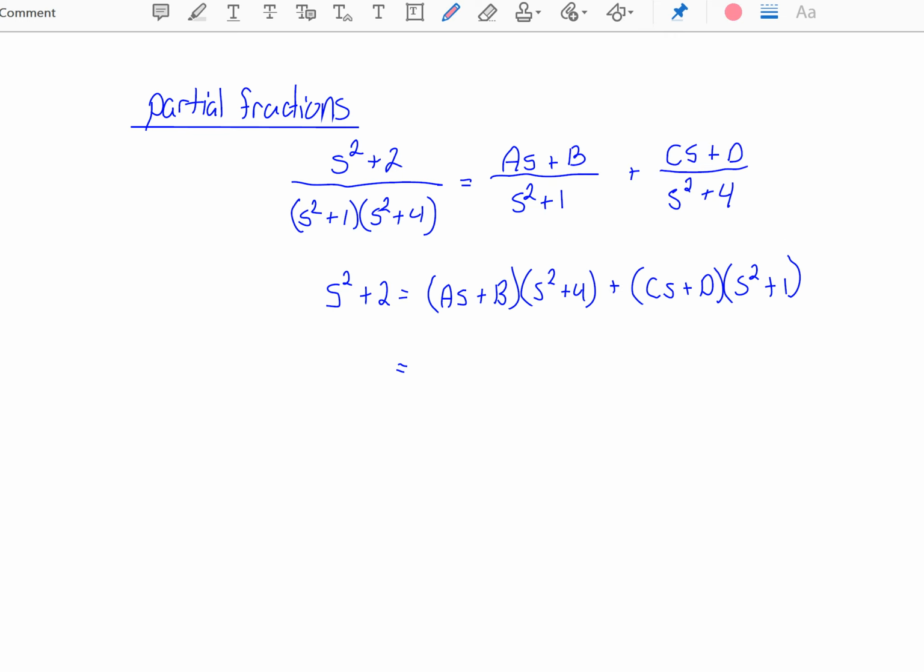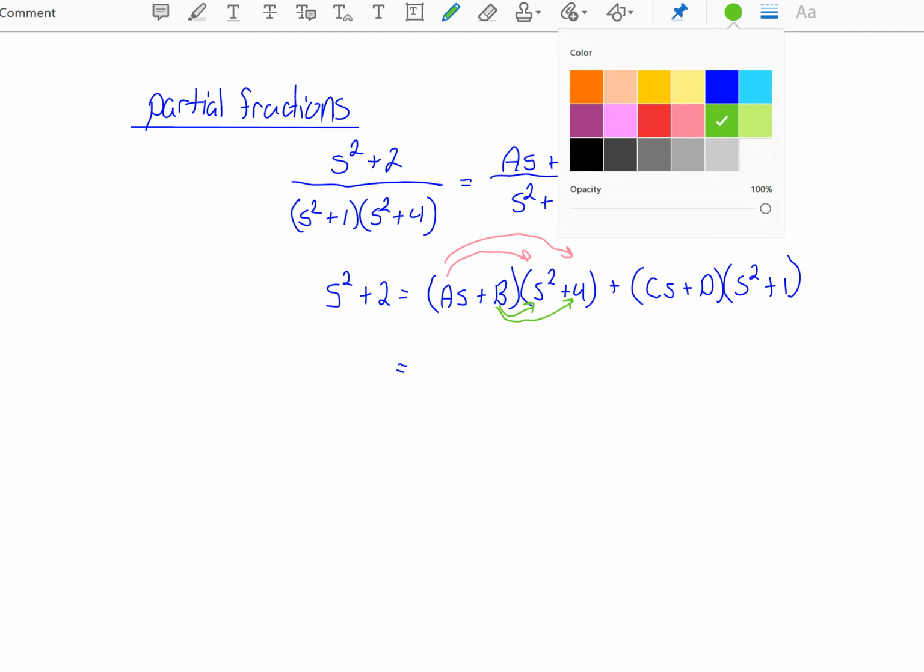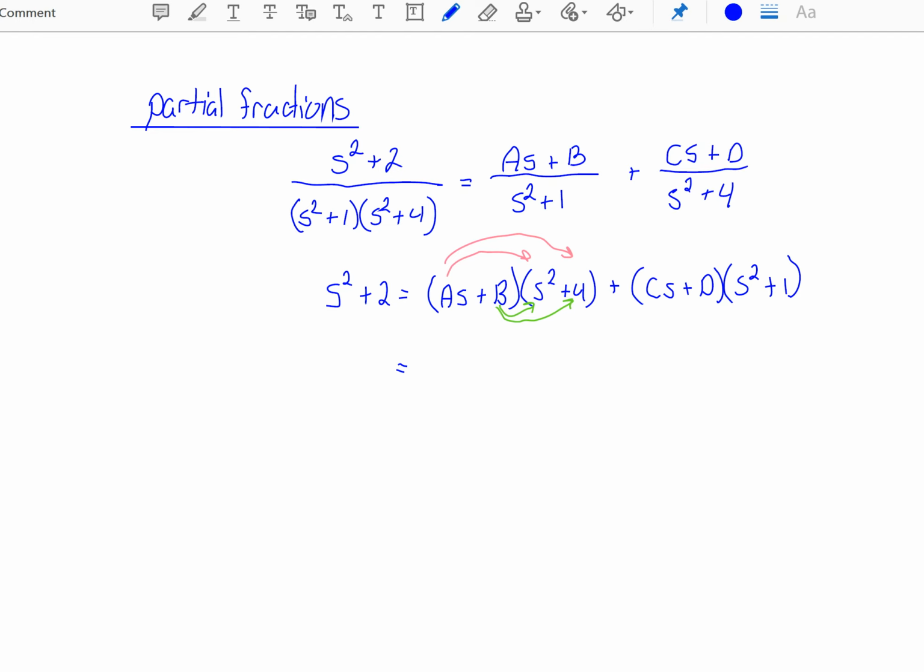So let's FOIL and rewrite the right hand side by distributing the as to each term, and then we'll also distribute the b to each term. So we'll have as cubed plus 4as plus bs squared plus 4b.